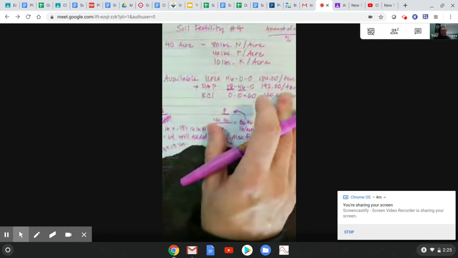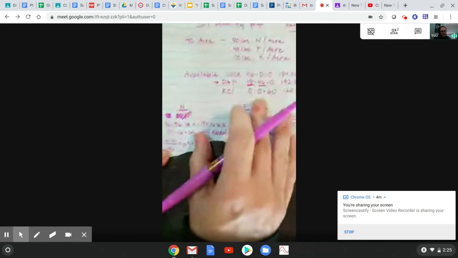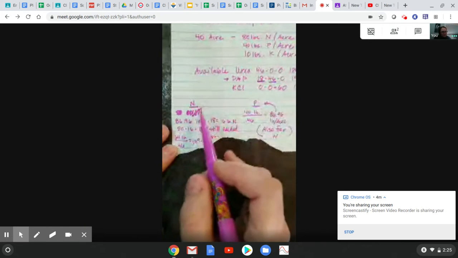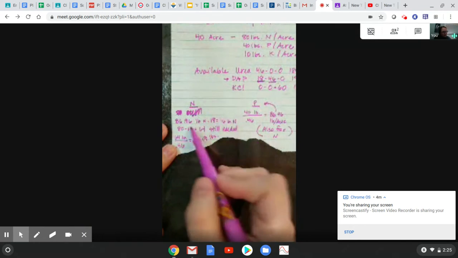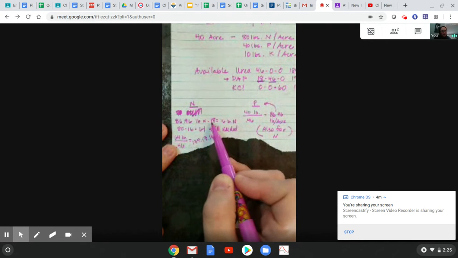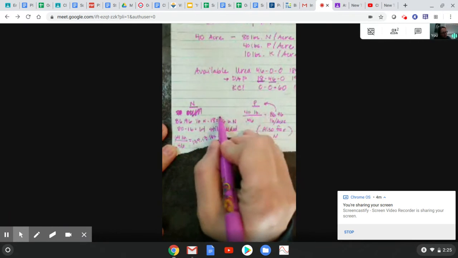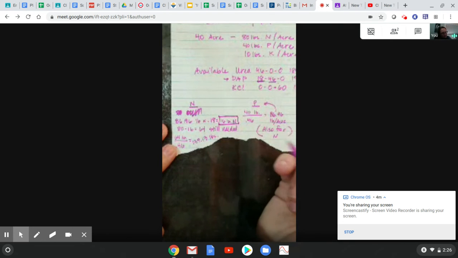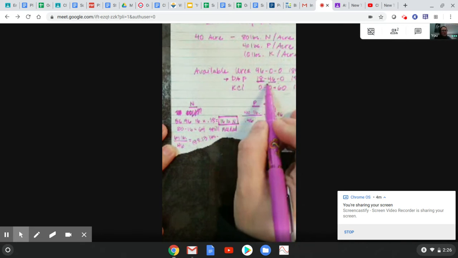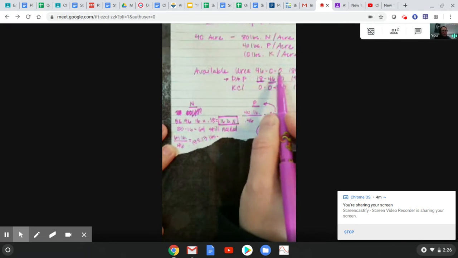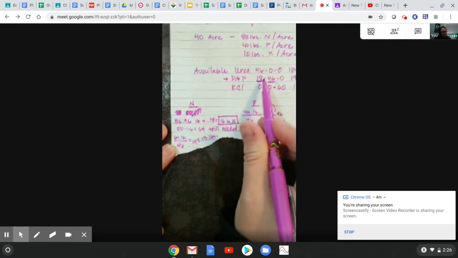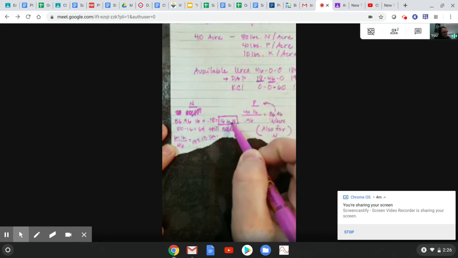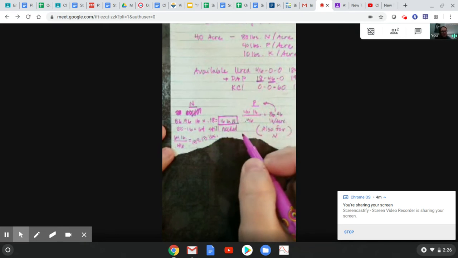If I take 86.96 pounds of this fertilizer times 0.18, I have basically 16 pounds of nitrogen that I'm already putting in. So by putting in 86.96 pounds at 18% nitrogen, I am already adding 16 pounds of nitrogen to my soil.